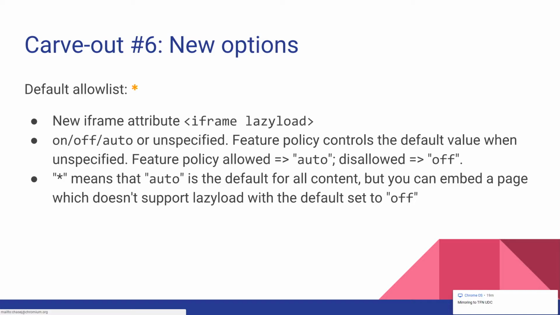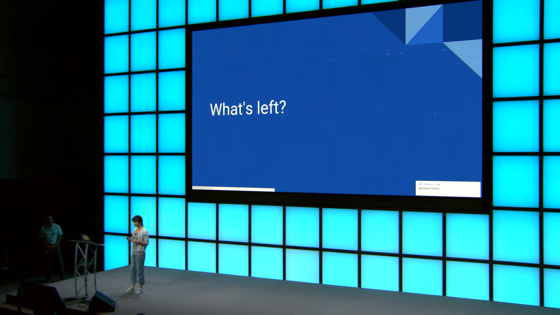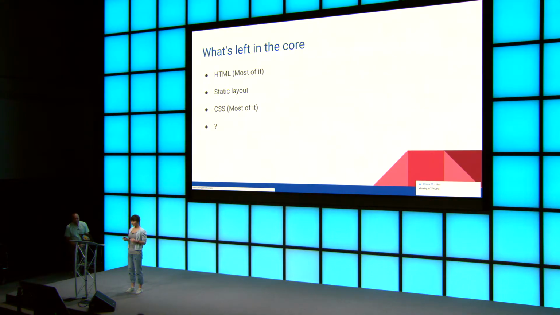And when it's disabled, we'll set the default to be off. And the default allow list for lazy load would be all, which means auto is the default for all content. But you can also embed a page which doesn't support lazy load with the default set to be off. And what is left? I'll let Jason talk about that.